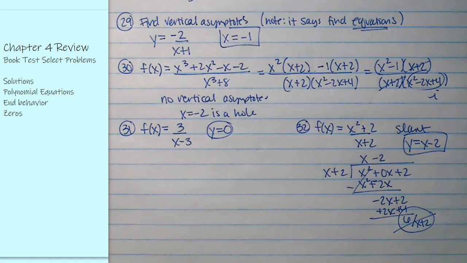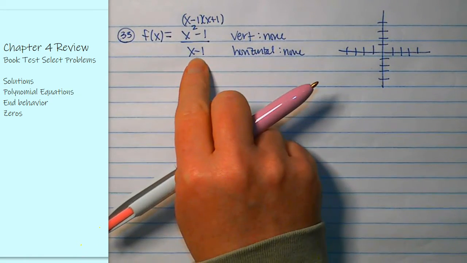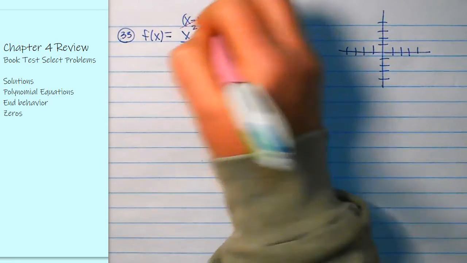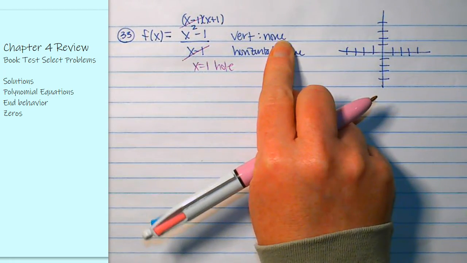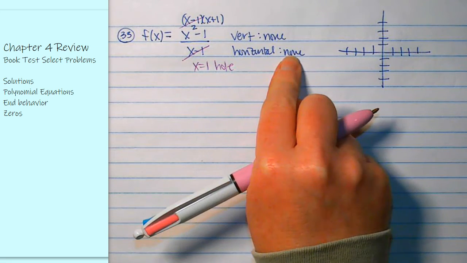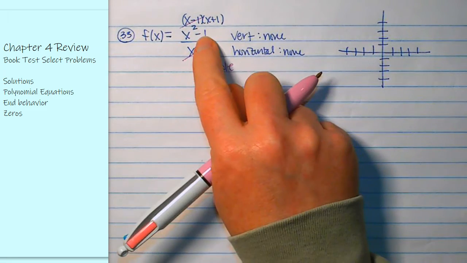Then we've got 33, which says sketch the following rational functions. If we factor this out, this cancels, so at x equals 1, there's a hole. There's no vertical asymptotes because this canceled. There are no horizontal asymptotes because the degree is larger on the top. And now it's just the top.